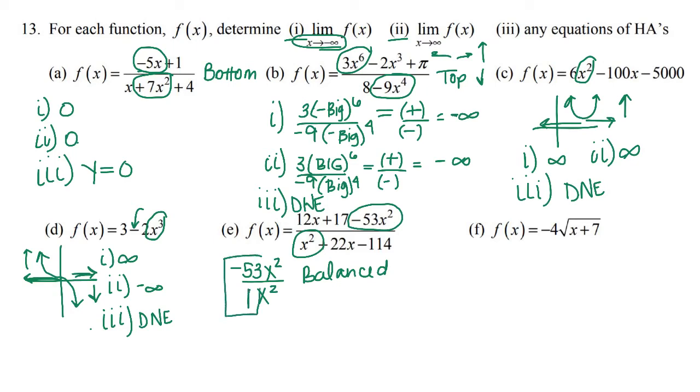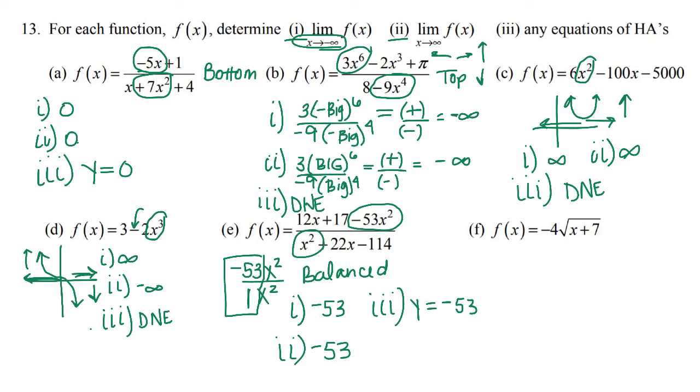So my end behavior and horizontal asymptote sit right there. So for 1, as x approaches negative infinity, my limit is negative 53. For the second one, still the same, negative 53. And then for the third one, we do have a horizontal asymptote this time, and it is y equals negative 53.